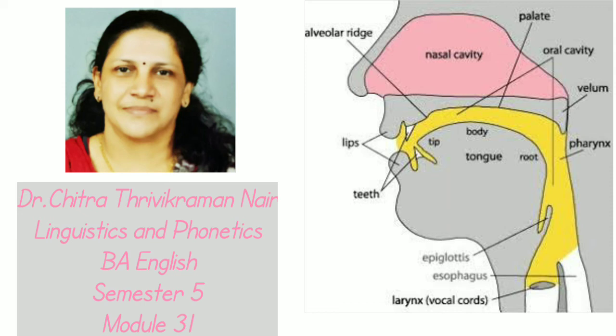Then you have the lips. The lips are very important in the very process of speech, and lips include upper lip and lower lip. Just like the tongue, they can also assume different shapes, and they serve for creating different sounds.